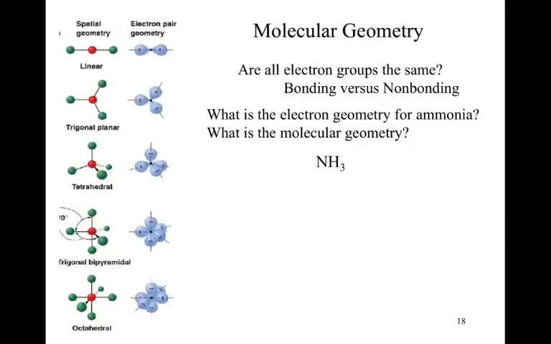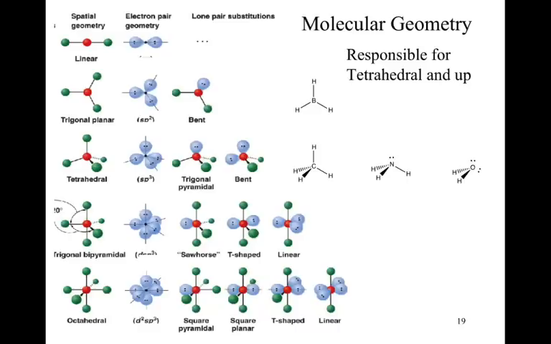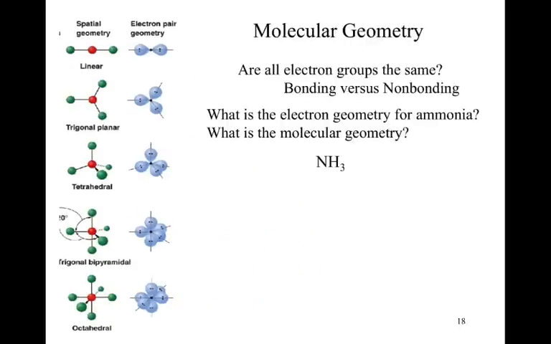And we'll end up calling it molecular geometry, because in molecular geometry we will not treat all electron pairs the same. We will treat them as bonding and non-bonding. When we subdivide out, we find that NH3 comes in as a subclassification.